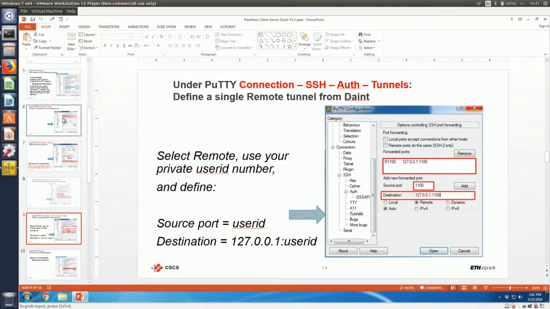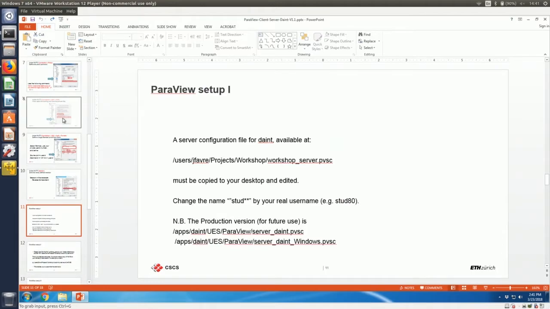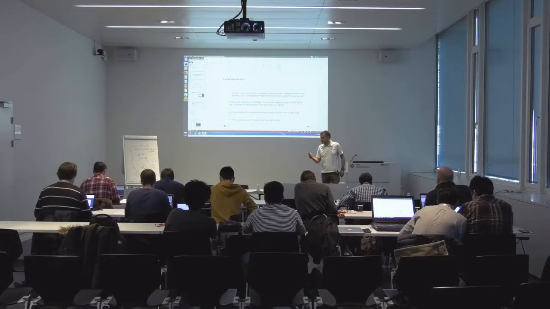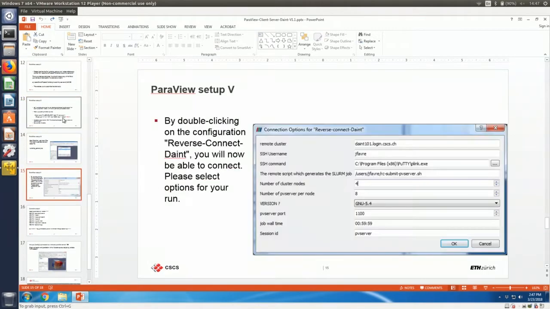So three places you need to change the username. The address of the shell script here, rc submit pvserver.sh, you copy it to your home such that you can customize it later. Now, that address, home/rc submit, will become the new field which you see right here, okay?